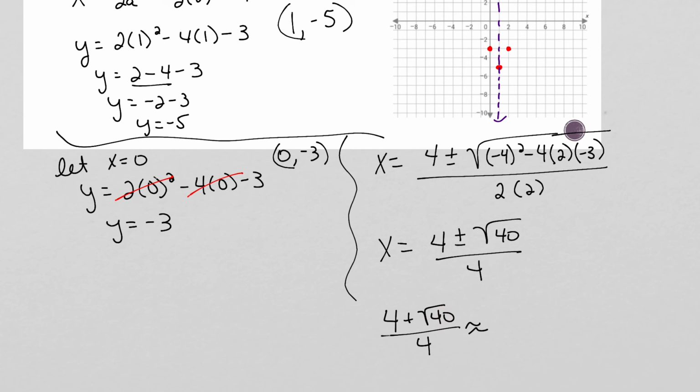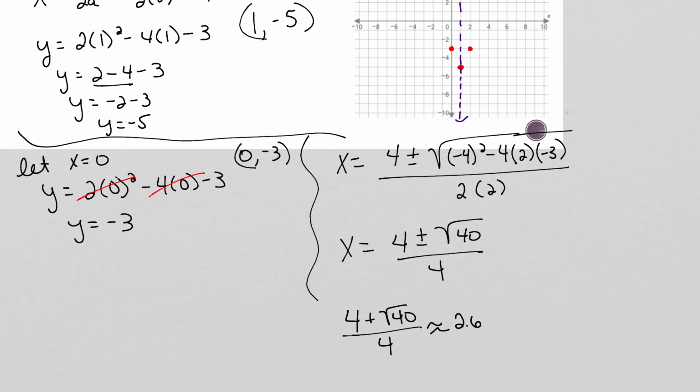So you'll get an answer, it just won't be the right one, all right? So hit enter after you do your numerator. Then hit divide by 4, and you get approximately, I'm going to round that to 2.6. Okay, so there's one of our x-intercepts.